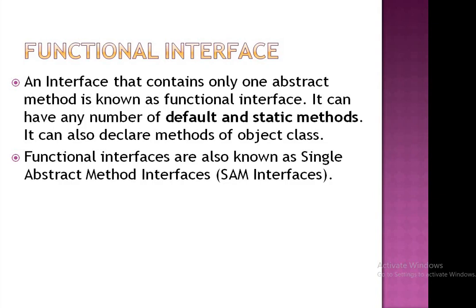It can have any number of default and static methods. It can also declare methods of the Object class. We can also call a functional interface a single abstract method interface, a SAM interface, because it has only one abstract method, but in Java 8 any number of default methods and static methods can be declared.